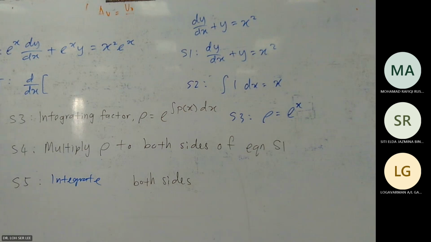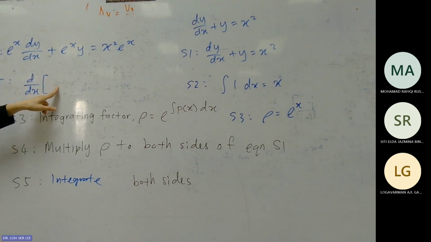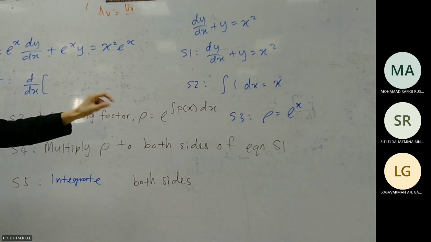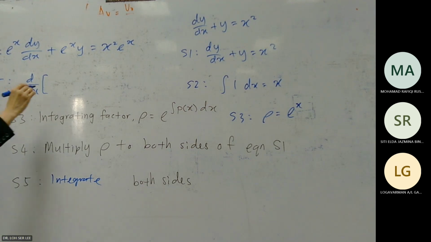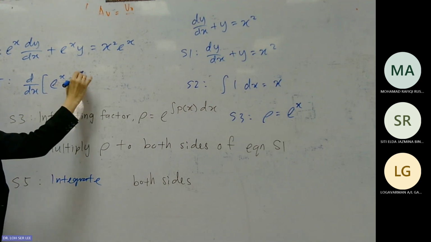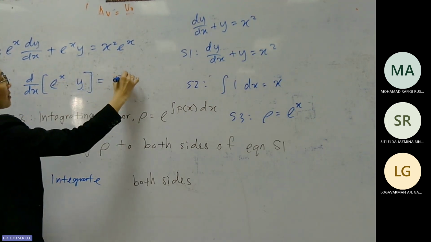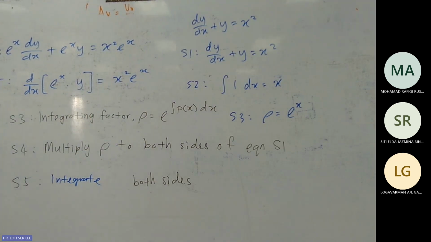This can be expressed in this form, d over dx, where inside the bracket is the integrating factor times the dependent variable, which is y. The right-hand side has no changes, because we are simplifying these two terms into one term, before we start the integration.